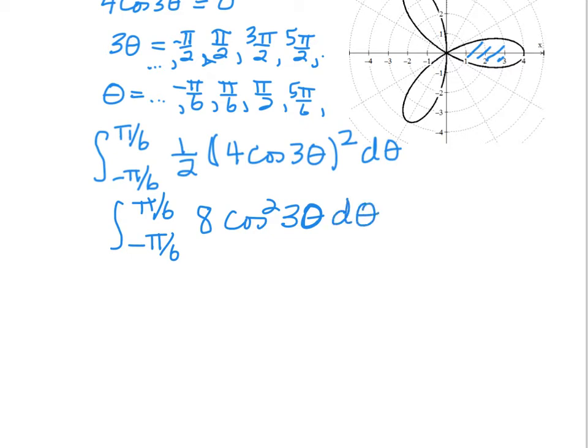Well, how do we integrate even powers of cosine? Hopefully you remember that we use a power reduction formula. In this case, cosine squared A is equal to 1 plus cosine of 2A divided by 2.